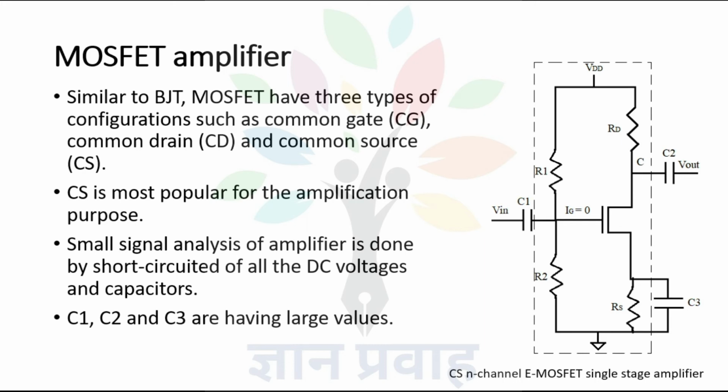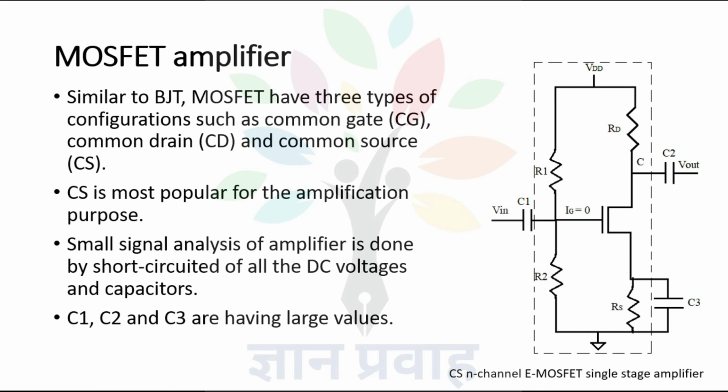For AC analysis, C1 simply passes the input signal to the amplifier circuit input, C2 passes the output of the amplifier to the input of the next stage, while C3 simply shorts the source resistance RS. All the DC power sources must be short circuited for AC analysis of the single stage amplifier circuit.